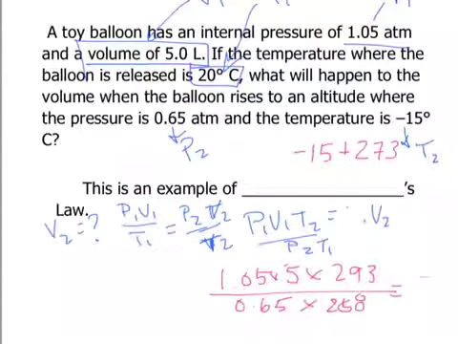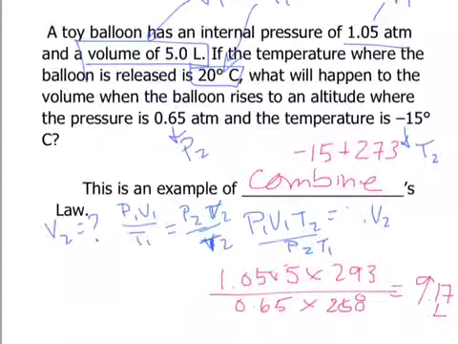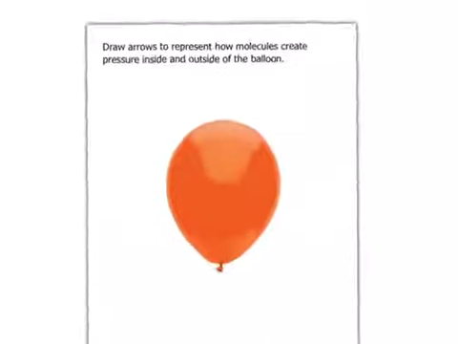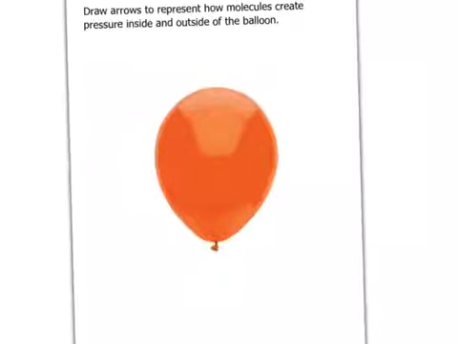Alright, and so here we're going to get an answer of 9.17, and my units over here, since we are looking for volume, is going to be liters. And this is an example of combined, and the reason it's combined is because we are using pressure, volume, and temperature.